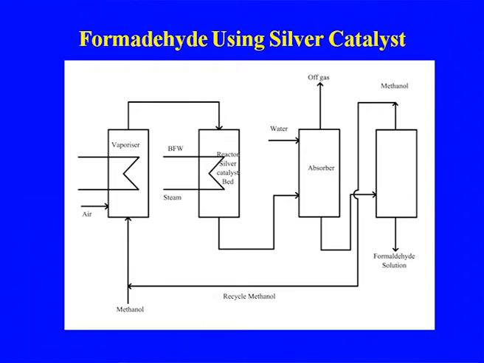So, vaporizer, and after vaporization it goes to the reactor where you have the silver catalyst. From the silver catalyst it goes to the absorber, and from the absorber we get formaldehyde here, and the methanol is separated and recycled to the system. So, this is the process we are using in the manufacture of formaldehyde.